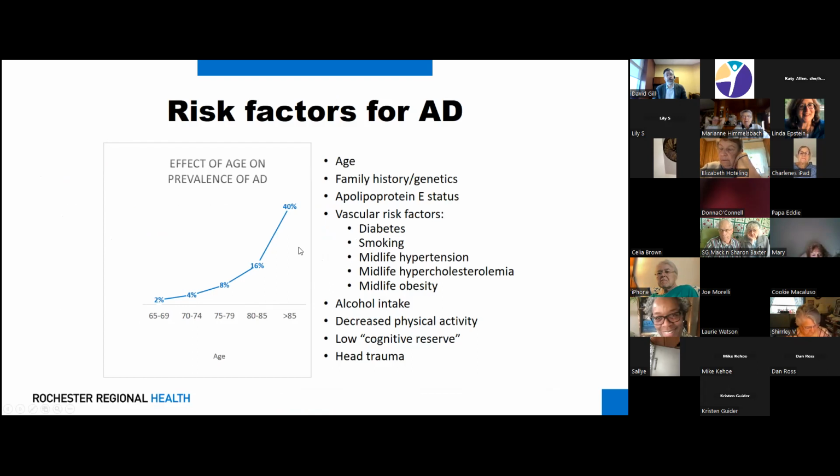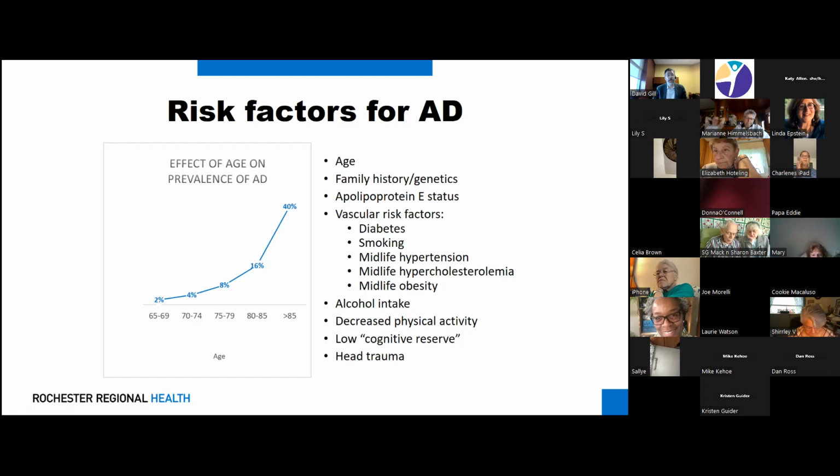This is an older study that looked at Alzheimer's disease that causes dementia, but we now realize a good proportion of people actually have prodromal Alzheimer's disease. So we think that over 50% of people, if they reach the age of 90, will have Alzheimer's disease. So age is a very strong risk factor.